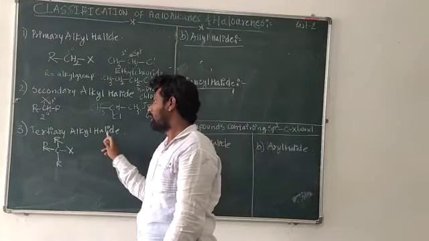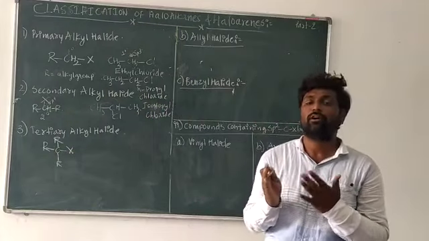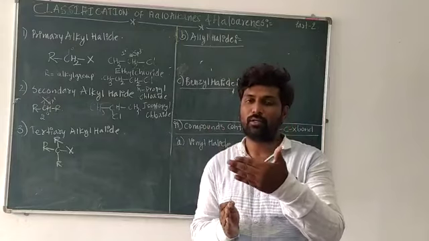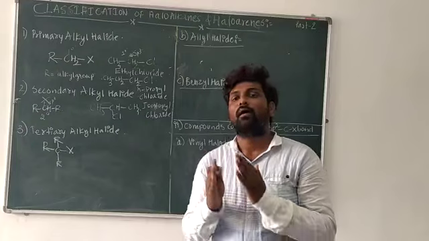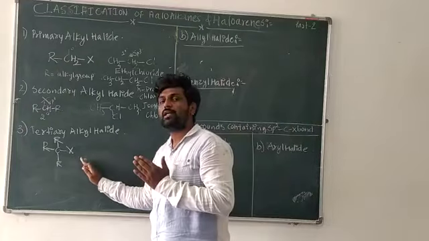Similarly, tertiary alkyl halides are the type of alkyl halides where the halogen atom is bonded to the tertiary carbon atom. The carbon which is bonded to three other carbon atoms is called tertiary carbon. The halogen bonded to such a tertiary carbon atom gives a tertiary alkyl halide.